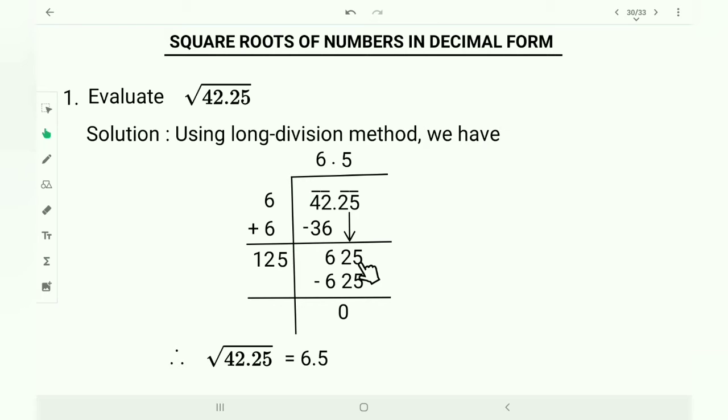So we will choose a number which will give you 5 as its ones place. So I have taken 5, 5 5s are 25. In the 25 you can see 5 is at its ones place. Now by this 5 we will multiply this complete 125.